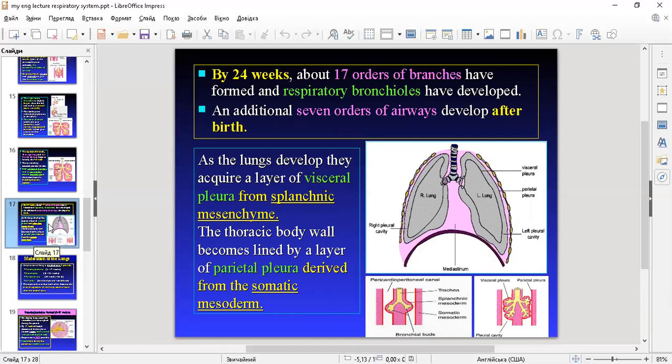By 24 weeks, about 17 orders or branches have formed and respiratory bronchioles have developed. An additional 7 orders of airways develop after birth.